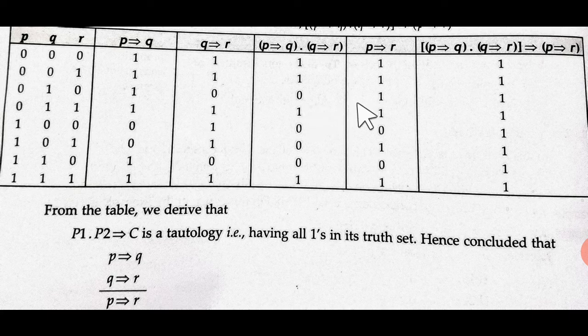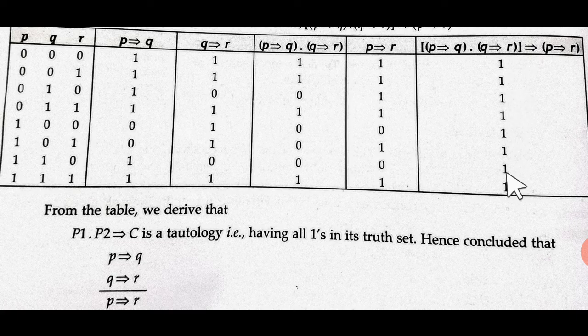When it comes to a conditional, we only check those rows where the antecedent is true. Then we go for the consequent. If it is false, then we produce 0. If it is not false, then definitely it is 1. So here you can see 1, 1, 1, 1, 1, 1, 1, 1. All the rows have the truth value 1.